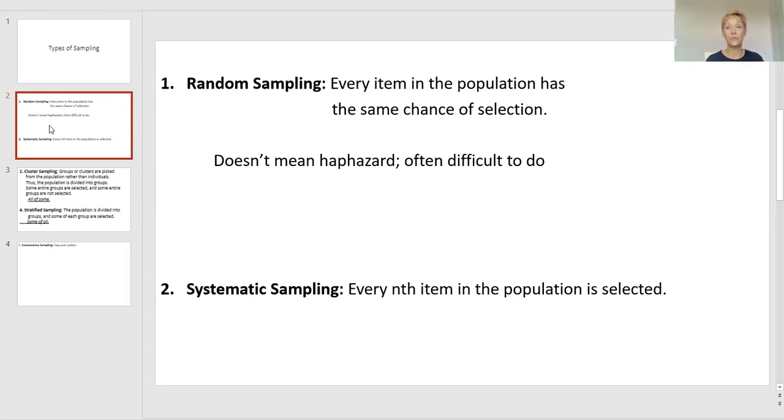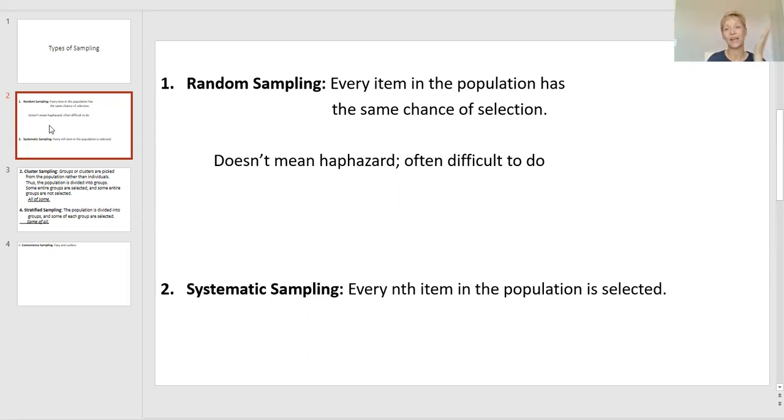So mostly if you want a true random sampling, you're going to have to get a computer involved in some sort because humans have hidden biases. The computer could randomly spit me out 700 numbers between 1 and 27,753. But I can't just think of them. All right, systematic sampling is where every nth item in the population is picked.